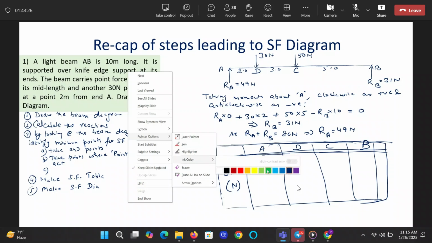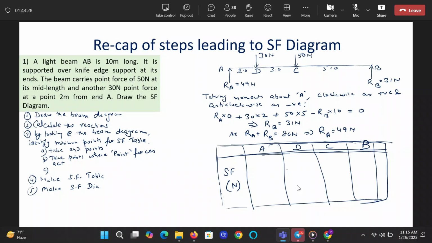Now, what is the criteria for dividing the cell into two? All the points where you have point forces, please repeat to yourself, all the points where you have point forces will divide those cells into two. I repeat, all the points where we have point forces will divide the cells into two.